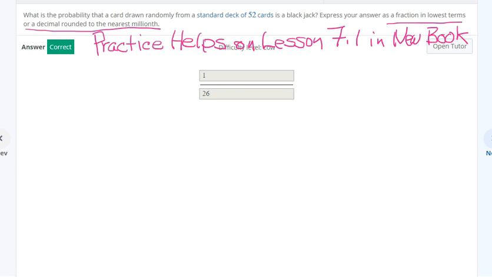Well, probably a quick review of a deck of cards is in order. Now, within a deck of cards, we have 26 that are red and 26 that are black.